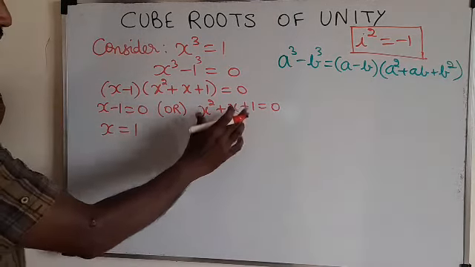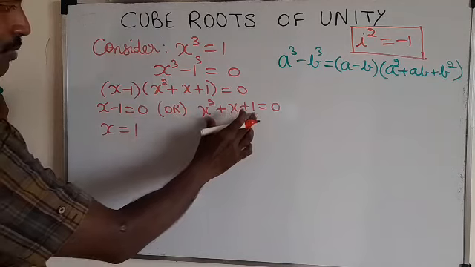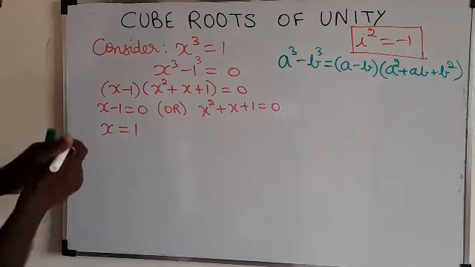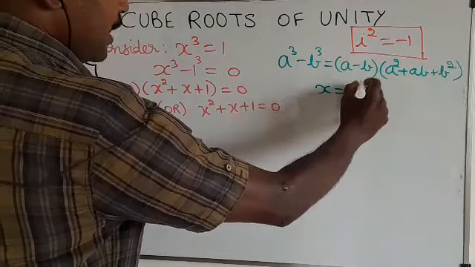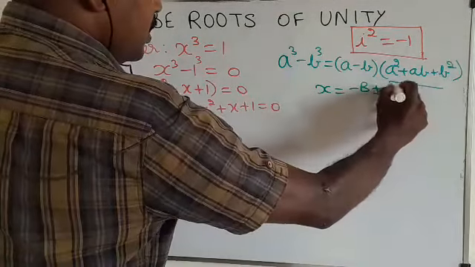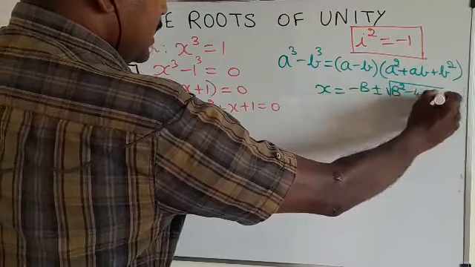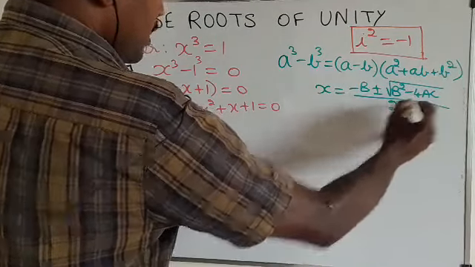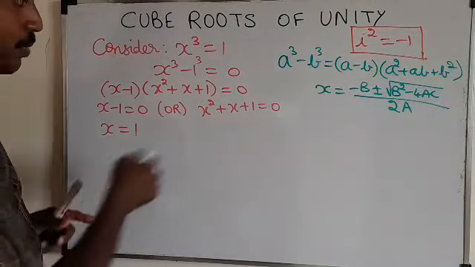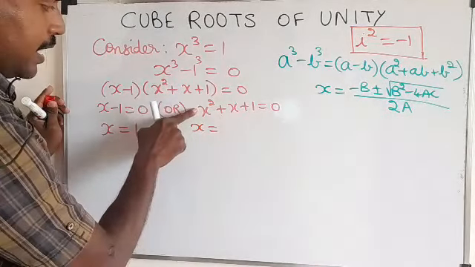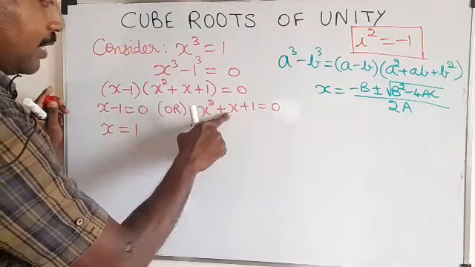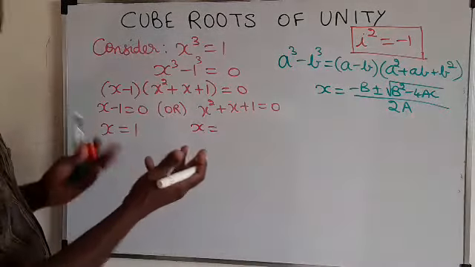And on the other hand, we need the formula for solving this quadratic equation. So the quadratic formula, let us recall, x is equal to minus b plus or minus root of b square minus 4ac by 2a, right? So using this formula for this equation, we have a, which is 1, b, which is again 1, c is also 1, right?